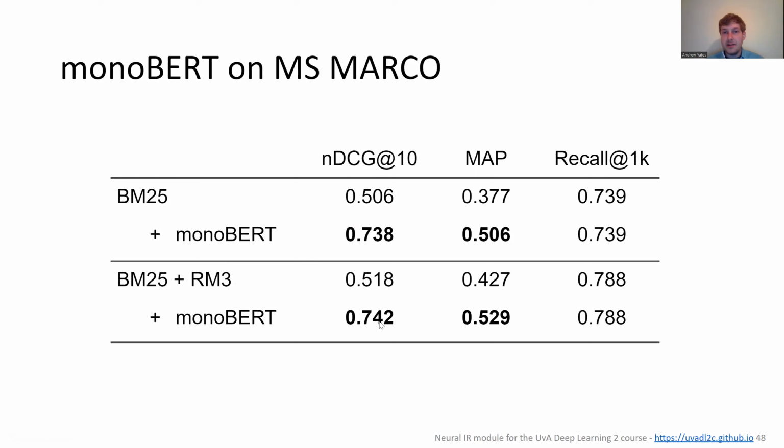We see similar improvements. RM3 performs a little bit better, but still, with the re-ranking step, NDCG increases quite significantly, about 0.52 to about 0.74. So we see that there's a very big increase just from taking this application of BERT and applying it directly as a relevance classifier to re-ranked documents.